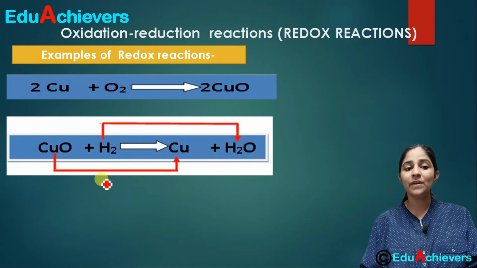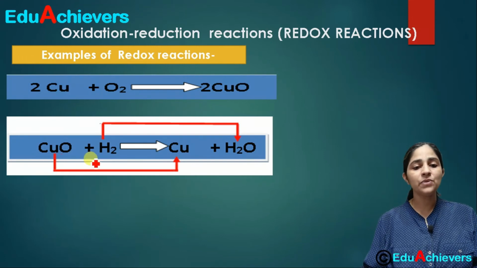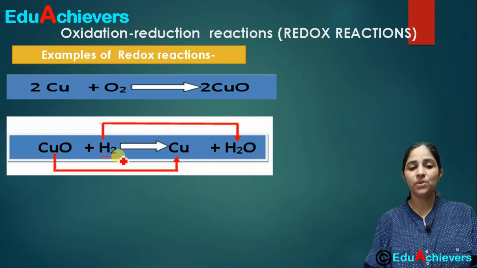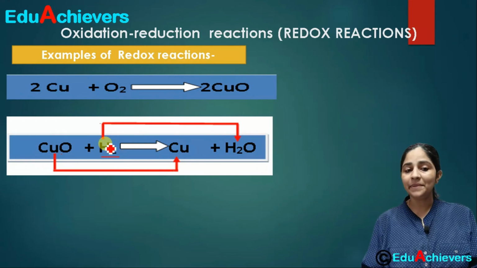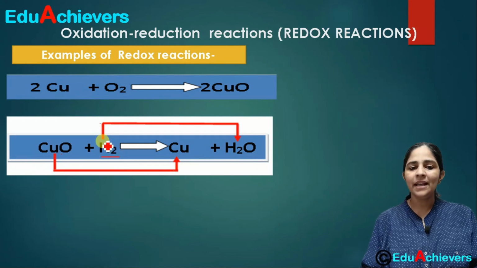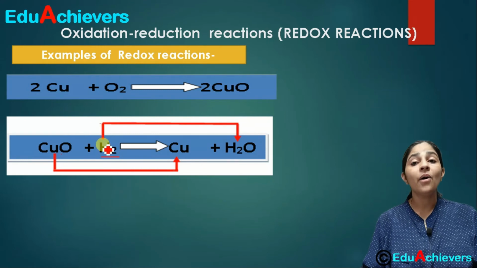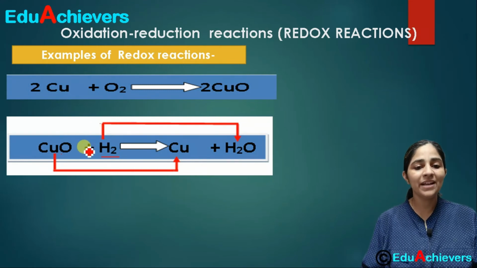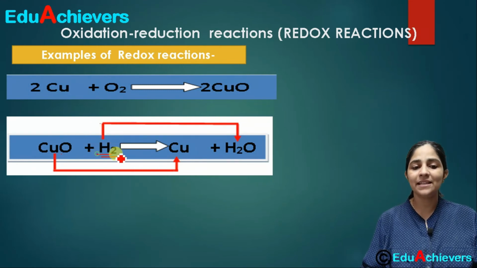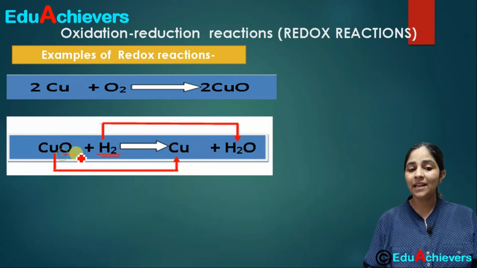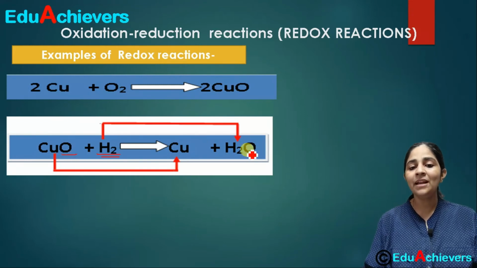The next one is when this copper oxide reacts with the hydrogen gas which is passed over it, then what is happening here? This hydrogen is getting oxidized. It is combining with the oxygen here and they both are forming the water.